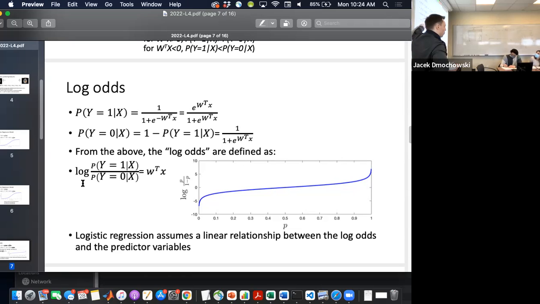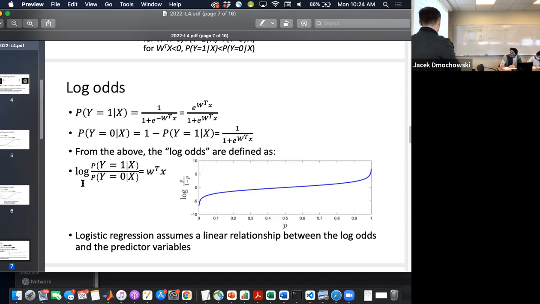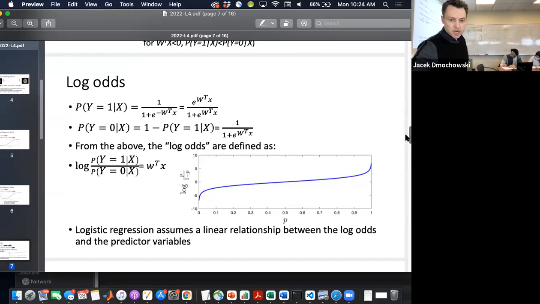If this is greater than 1, then the log odds are positive. And if this number is smaller than this number, then the log odds are going to be negative. And so we have a nice mathematical framework for having a linear relationship between our data, which is our pixel intensities, and the output, which is a binary probability.